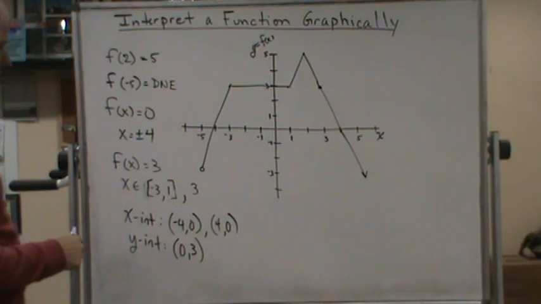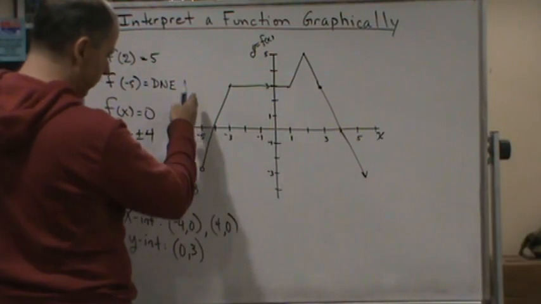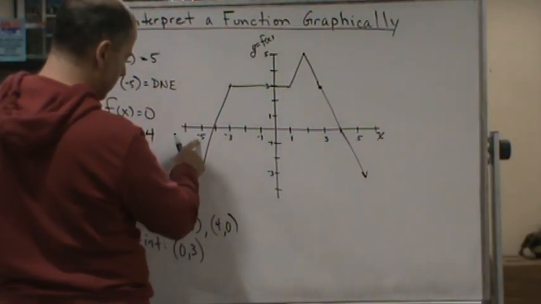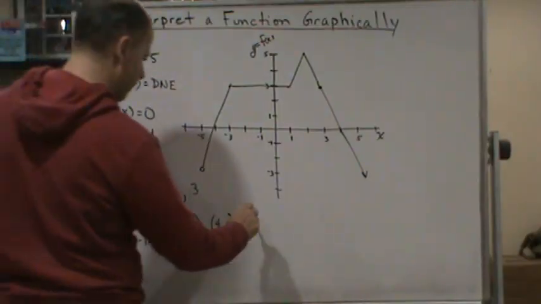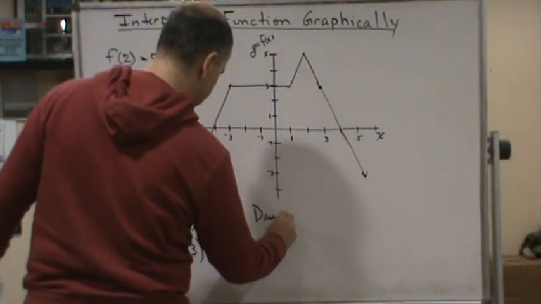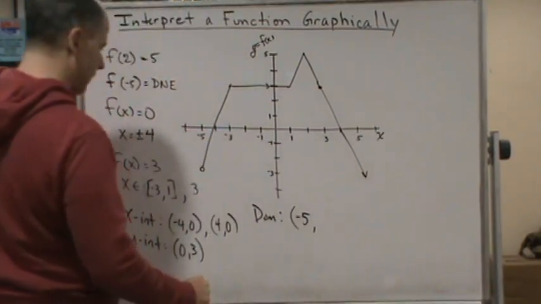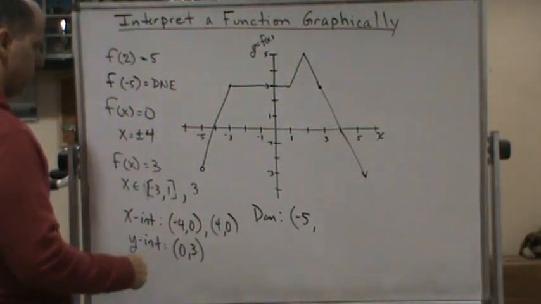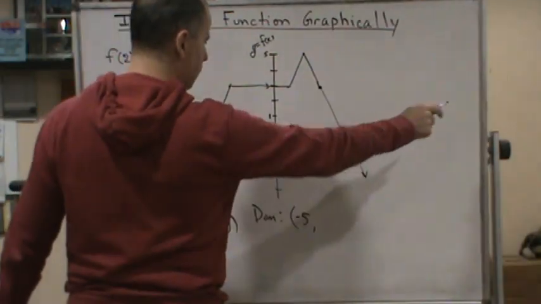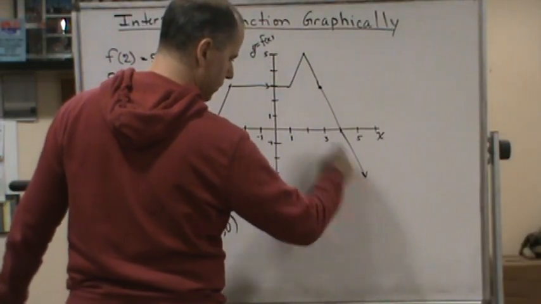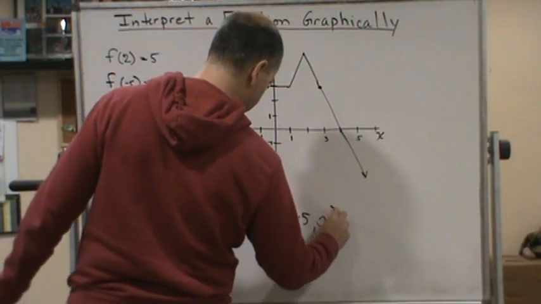Now the domain of this function goes, the smallest value of x is going to be as small as negative 5, but it doesn't go to negative 5 because of the hole in the graph. So the domain is going to go from negative 5, but doesn't include negative 5, so I'm going to use an open parenthesis. And then it goes off to infinity because the arrow just keeps going in that direction. So it's going to keep going to positive infinity.